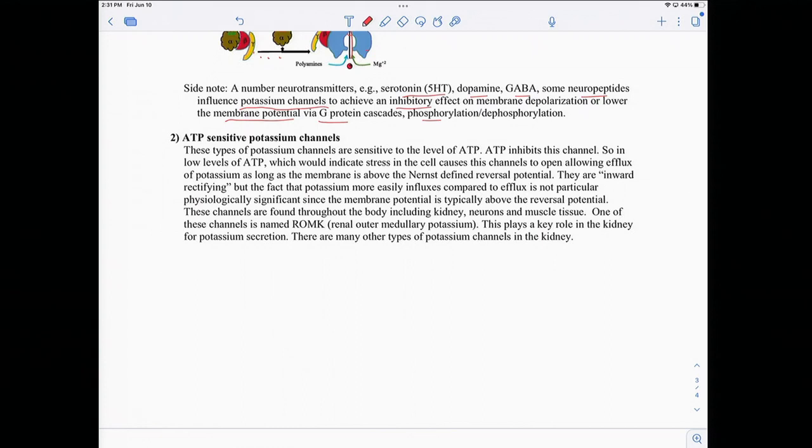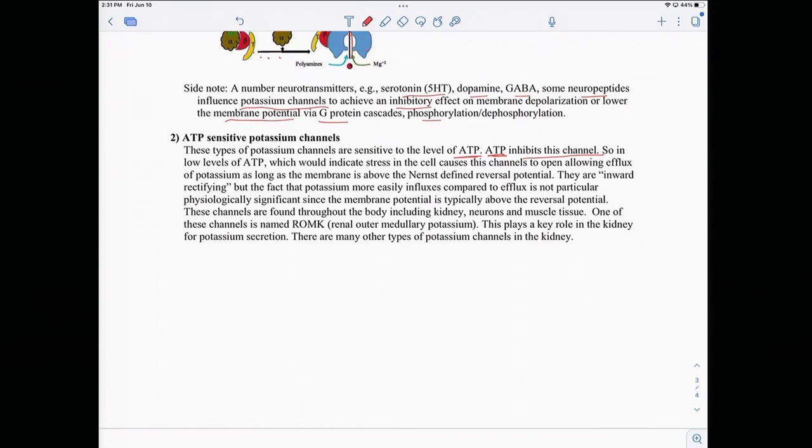Again, there are multiple subtypes of these. These types of potassium channels are sensitive, as the name implies, to the level of ATP. So here's a key point: the presence of ATP will inhibit these channels. As long as I have a normal amount of ATP, these channels are going to be closed.